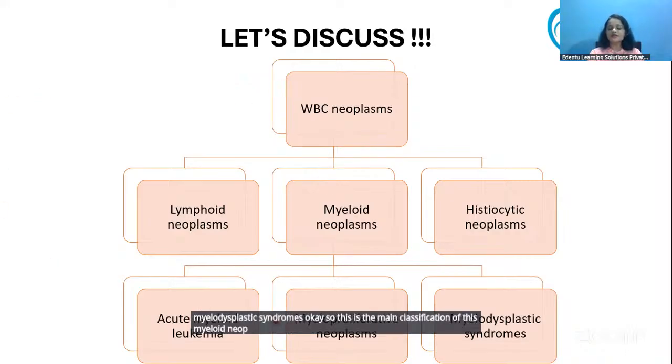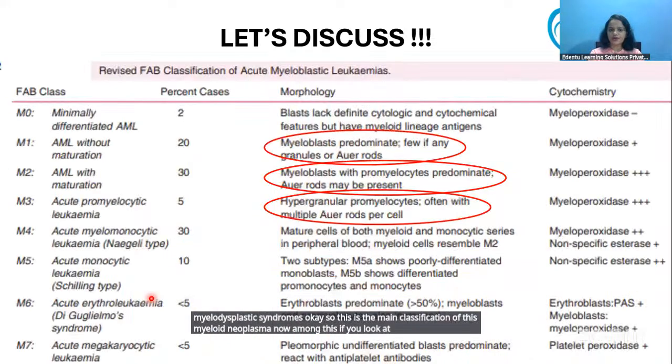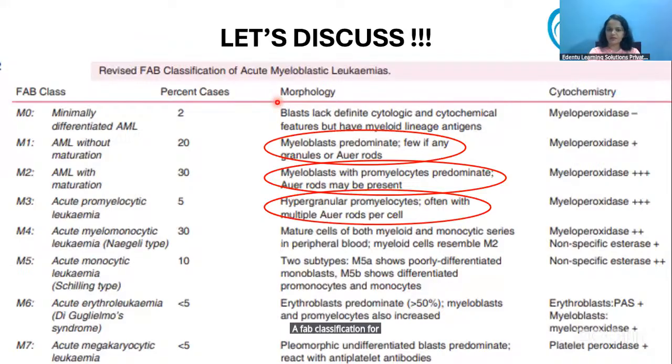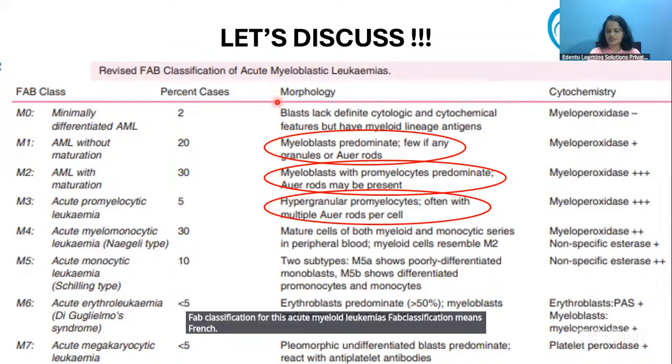Now among these, if you look at acute myeloid leukemia, there is a FAB classification, which means the French, American, and British classification. They classified AML into 8 types, from M0 to M7.